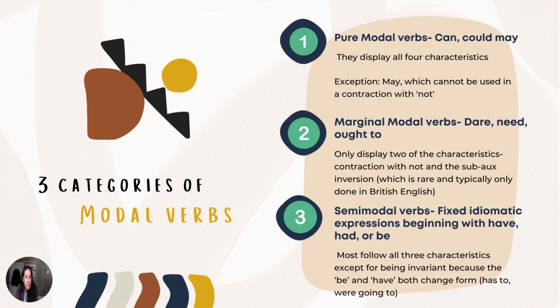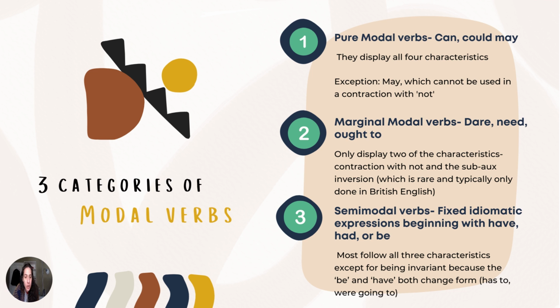But even then, yeah, they switch, but that's really only British English. So that's why we're saying, yeah, you're modal verbs, but you're kind of off to the side, off to the margin. And then we have semi-modal verbs. So these are when you have these expressions, right? More than one word that together is a modal verb.